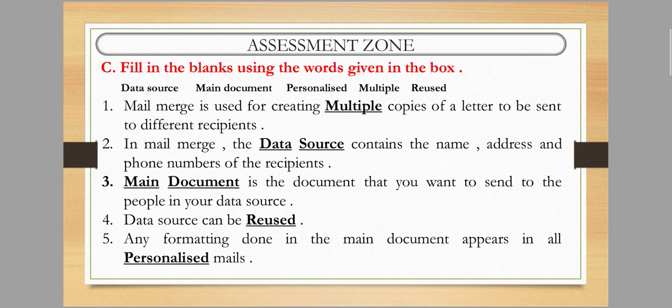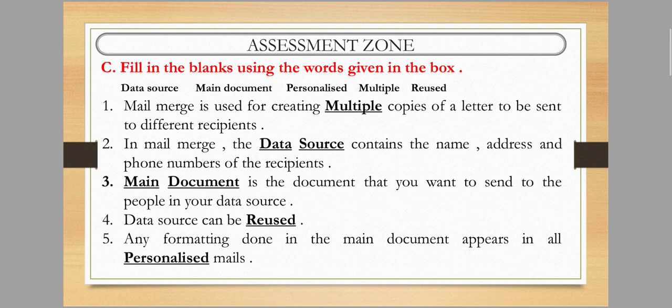First, mail merge is used for creating multiple copies of letters, so the answer is multiple. Next, in mail merge, the data source contains the name, address and phone number, so number 2 is data source.